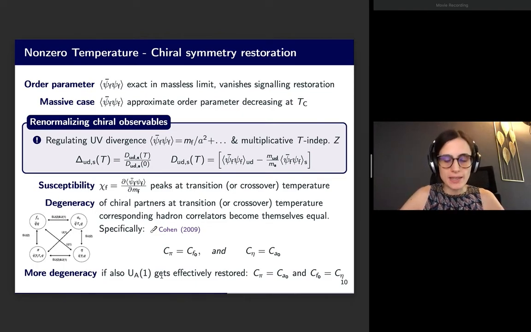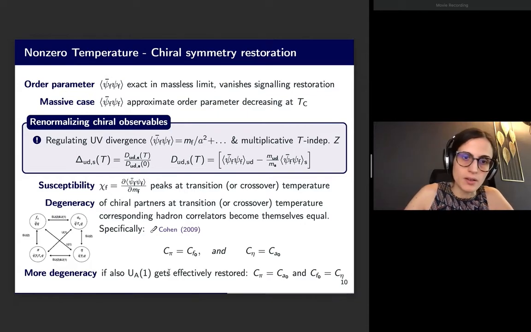And we can build families of so-called chiral partners or axial partners. These are masses that would be degenerate if the corresponding symmetry were respected. And the degeneracy is instead lifted by a spontaneous breaking of the corresponding symmetry.